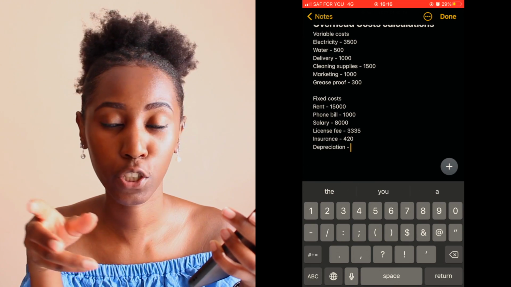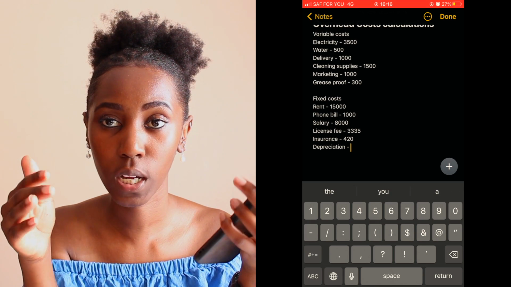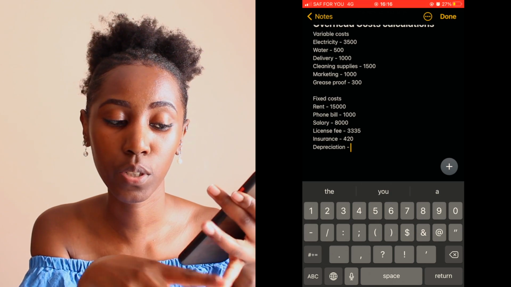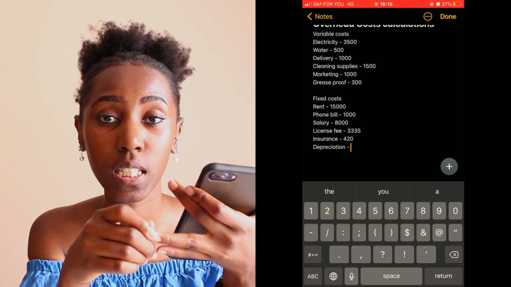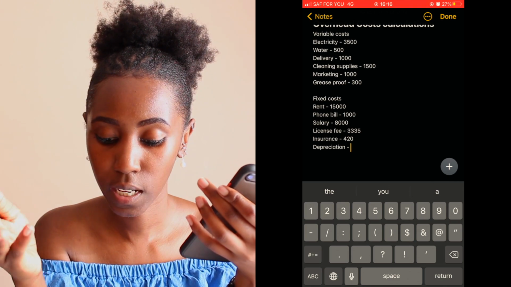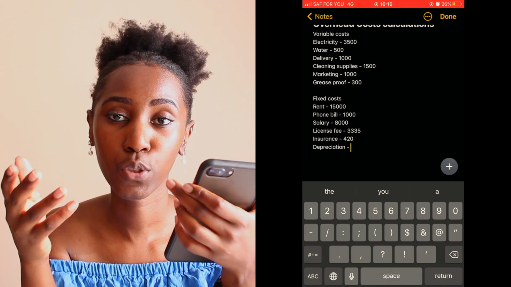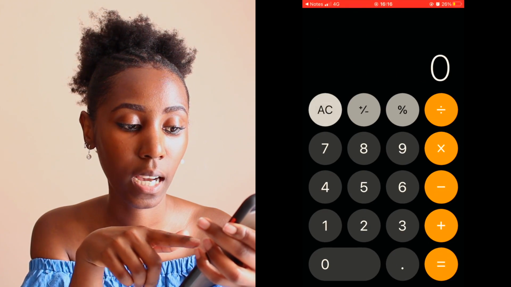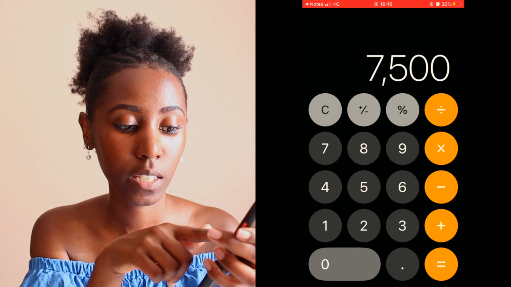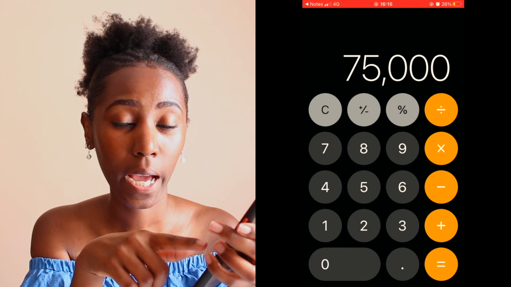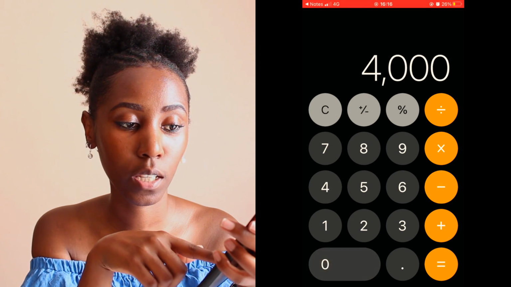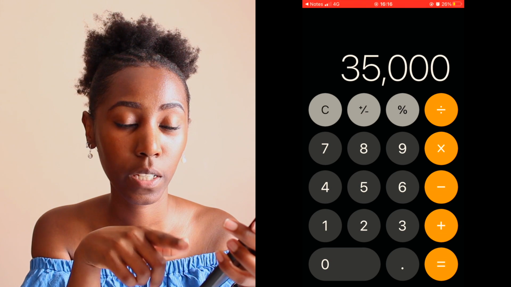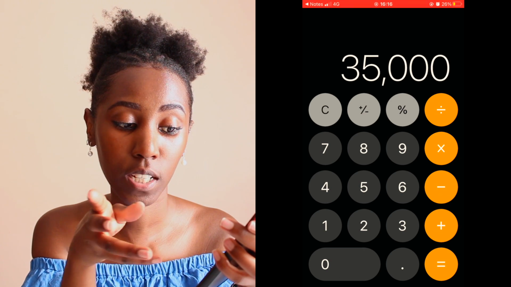And then our depreciation. Depreciation is, you calculate the buying price for the good and the amount you intend to sell it for, and then you divide that by the number of years you're going to use it for. So for example, if I buy an oven for 75,000 shillings and I want to sell it for 40,000 shillings, that comes to 35,000 shillings.